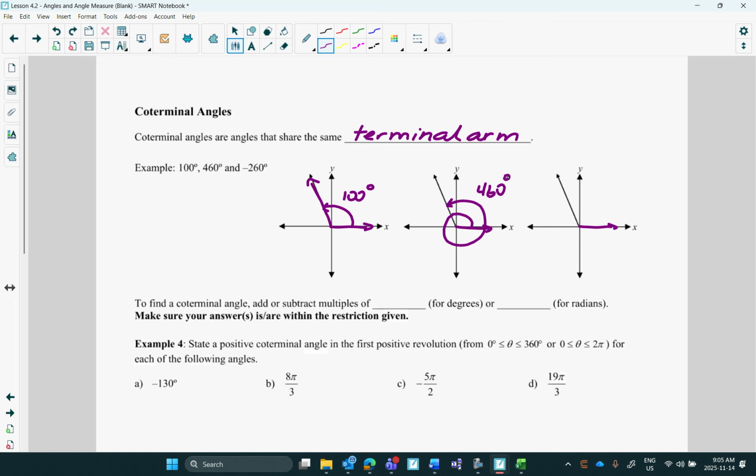Or I could have gone in the negative direction to get to this terminal arm. And if I went 100 this way, and a complete circle is 360, I must have gone 360 minus 100, which is negative 260 degrees. So notice all of those have the same terminal arm. So we would consider them all coterminal.